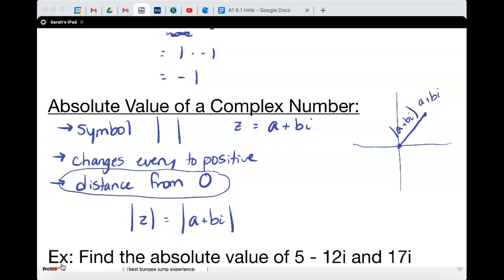Okay. So to find this distance, this point could be anywhere on the graph, I could create a triangle to the x-axis. And how can I find the hypotenuse of a right triangle? What formulas or things do we know about right triangles?